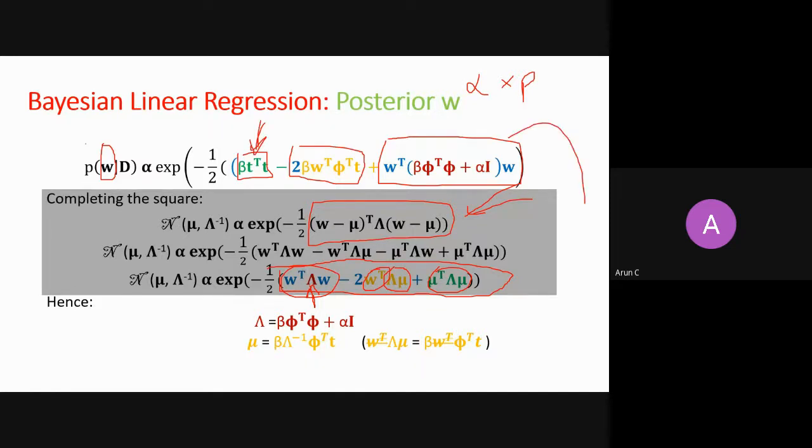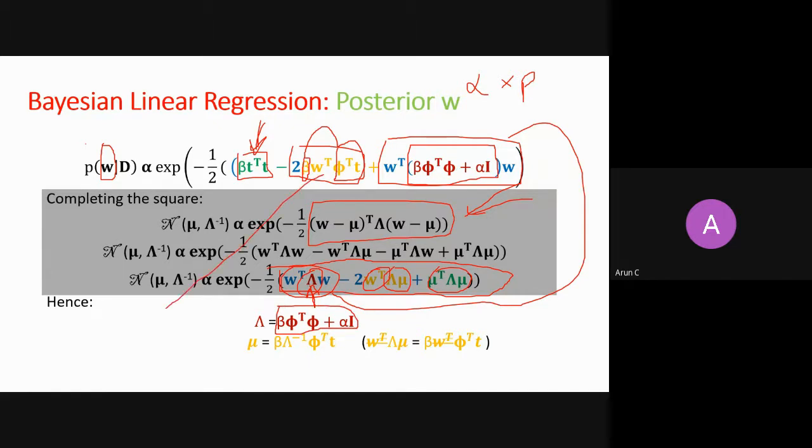If you match this quadratic term with this quadratic term, you find that the sandwiched one is nothing but the precision matrix. So this is the precision matrix of the posterior distribution of W. And the linear term is a product of mu and the precision matrix, right? The precision matrix we directly wrote here because it is the sandwiched one.